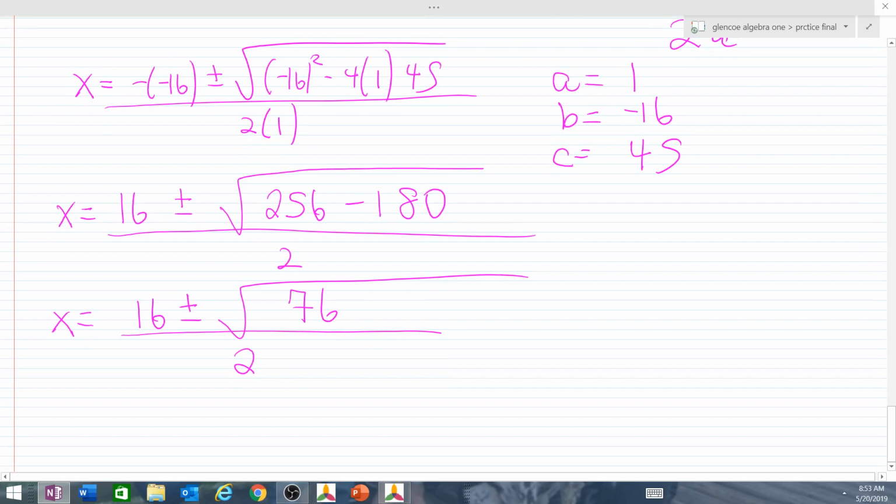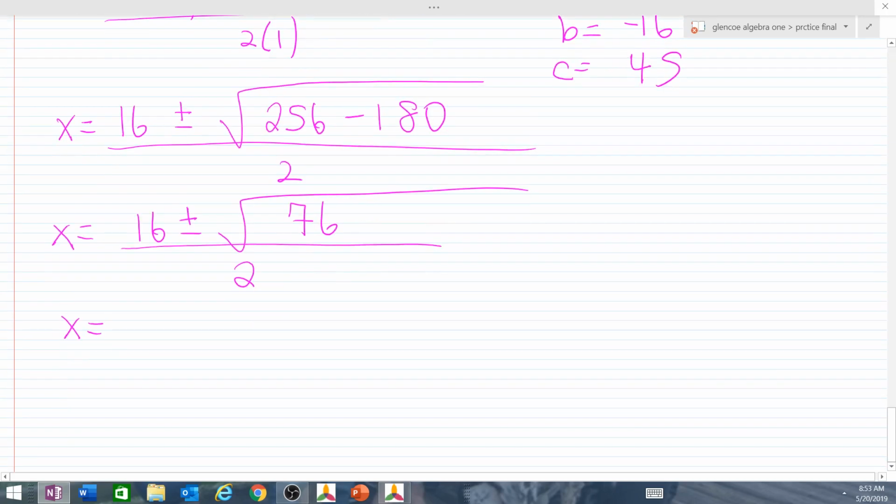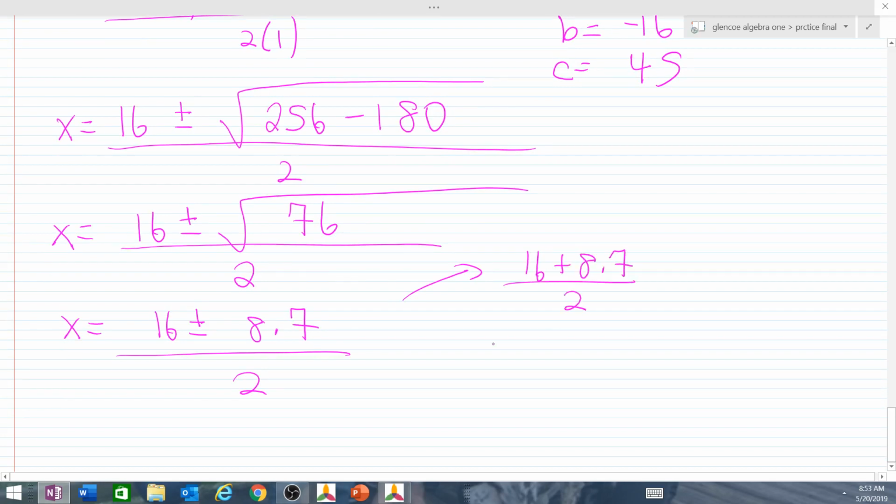Take the square root of 76, which is 8.7, so you get x equals 16 plus or minus 8.7 over 2. 16 plus 8.7 divided by 2. 16 minus 8.7 divided by 2.